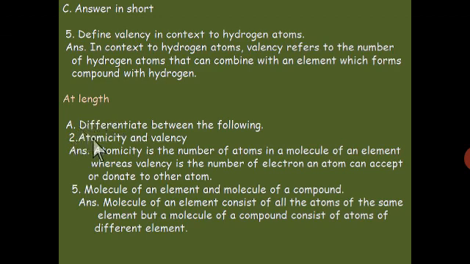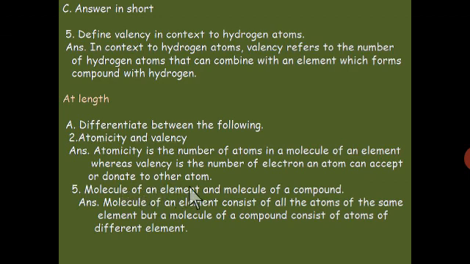At length, A number, differentiate between the following. Question number 2, atomicity and valency. Let us see. Atomicity is the number of atoms in a molecule of an element, but valency is the number of electrons an atom can donate or accept to another atom.